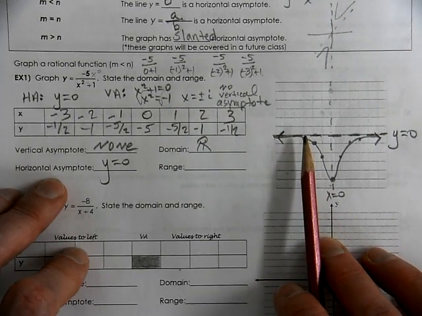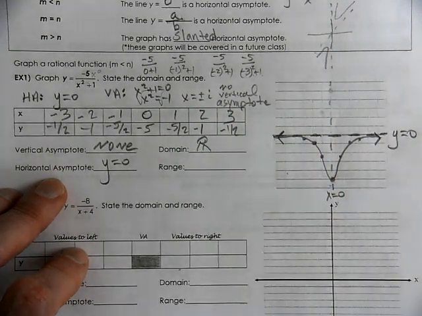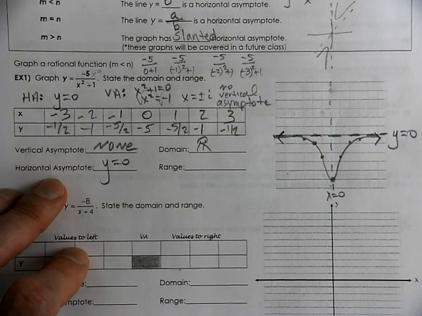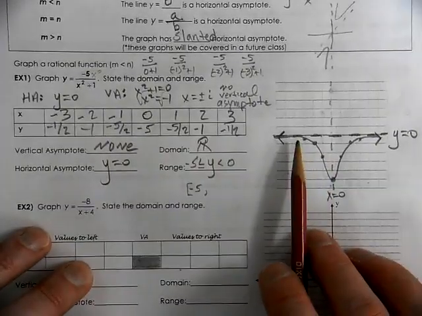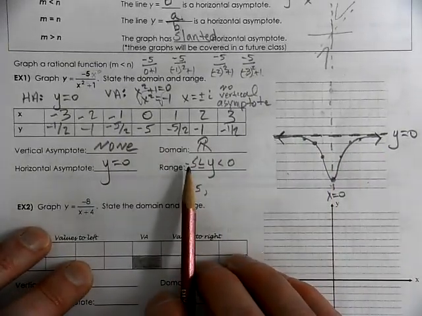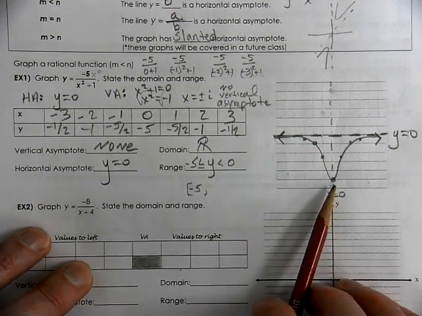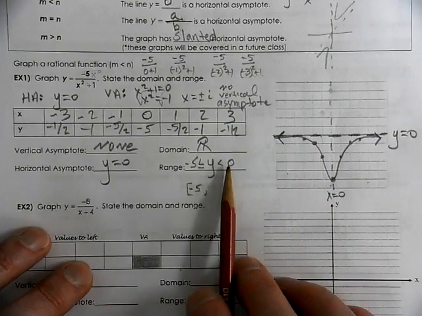So does that mean you can get negative answers? Yes. It doesn't go lower than negative 5. So our range is going to be negative 5 all the way up to almost 0.